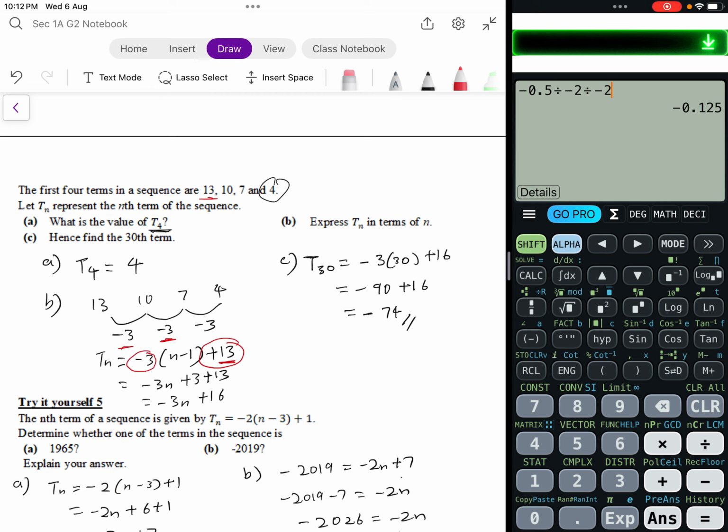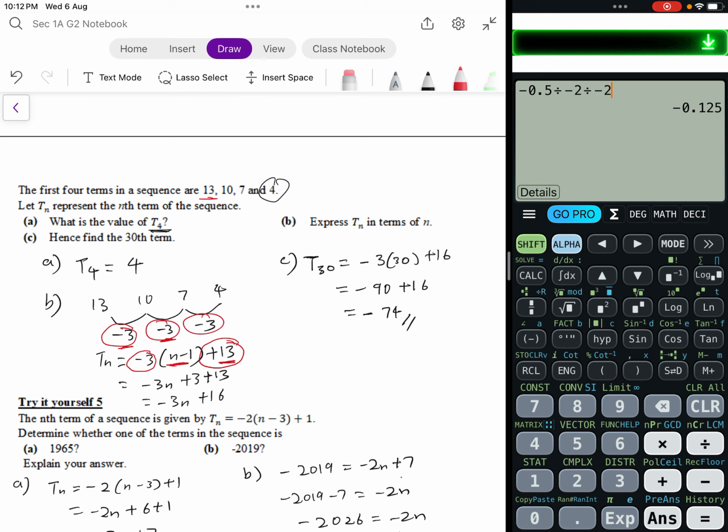So we always end up with n minus 1. So for any number sequence, as long as the difference is consistent, always the same number, it's always that number, the difference, multiplied by n minus 1, plus your first term.